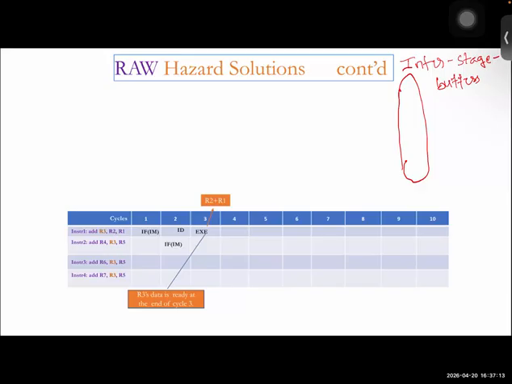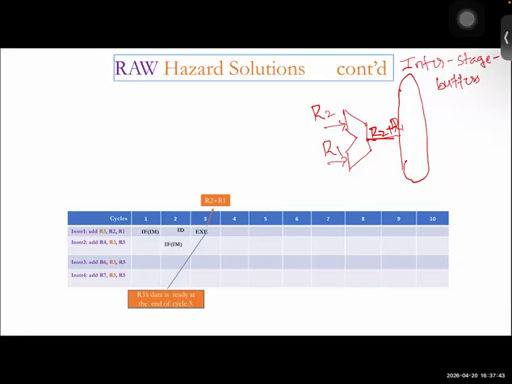So the ALU, the arithmetic and logic unit in the pipeline, takes input 1 as R2, input 2 as R1, and the result of this ALU is R2 plus R1. That result is temporarily stored into the interstage buffer.